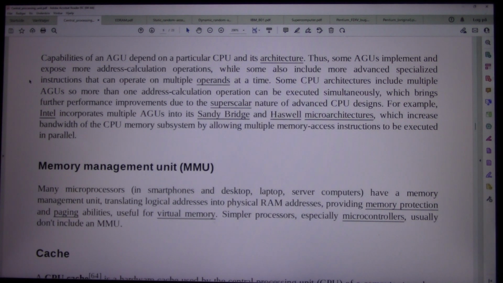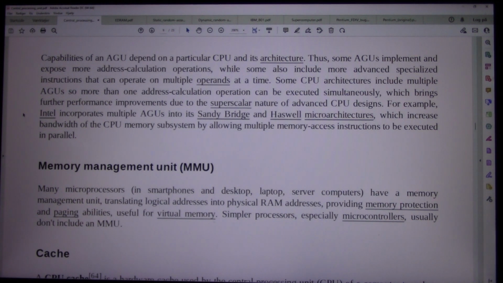Some CPU architectures include multiple AGUs, so more than one address calculation operation can be executed simultaneously, which brings further performance improvements due to the superscalar nature of advanced CPU designs. For example, Intel incorporates multiple AGUs into its Sandy Bridge and Haswell microarchitectures, which increase bandwidth of the CPU memory subsystem by allowing multiple memory access instructions to be executed in parallel.